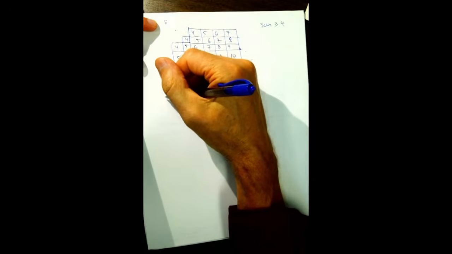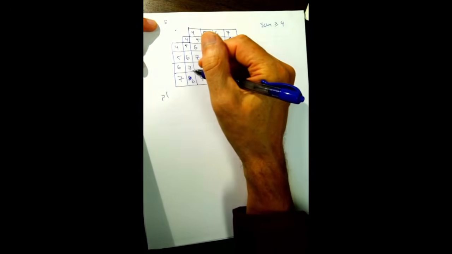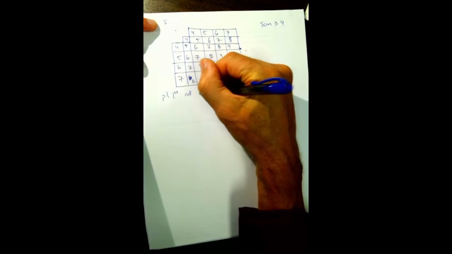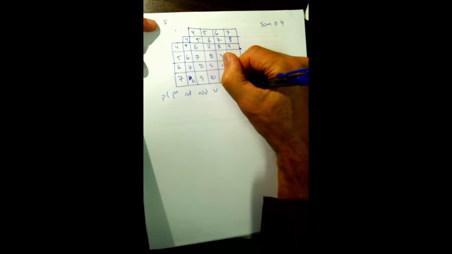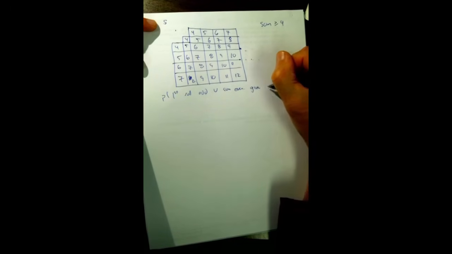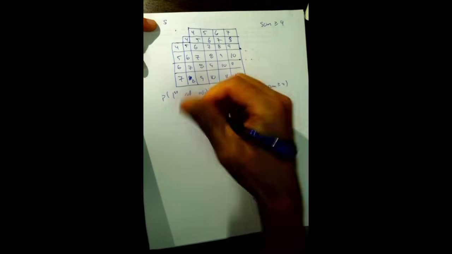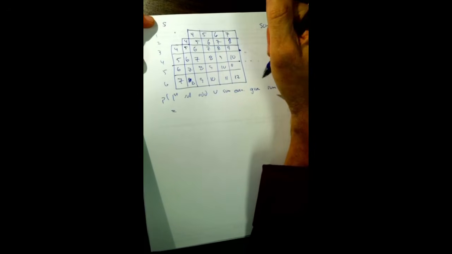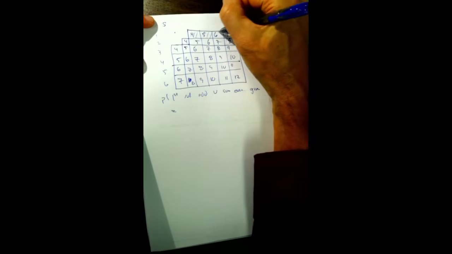And if I want to know what's the probability I get first roll odd or the sum is even, given that the sum is greater than or equal to 4, this is basically going to be, let's see, so this was 1, 2, 3, 4, 5, 6. So this is going to be basically all of these.